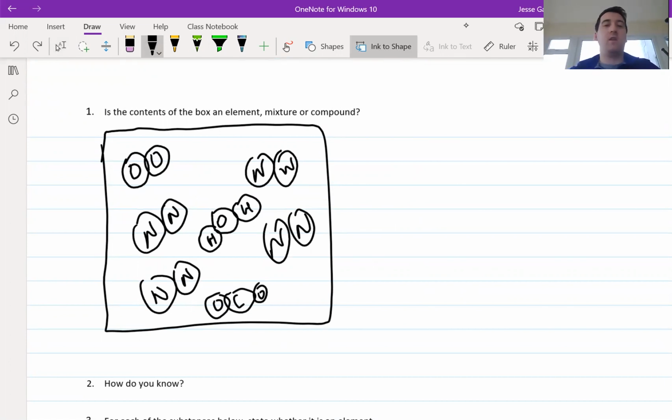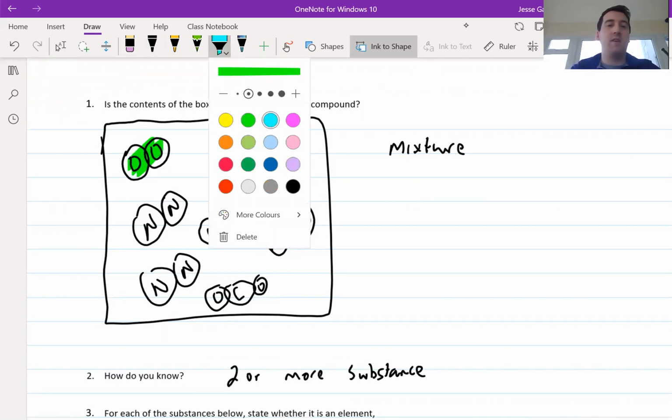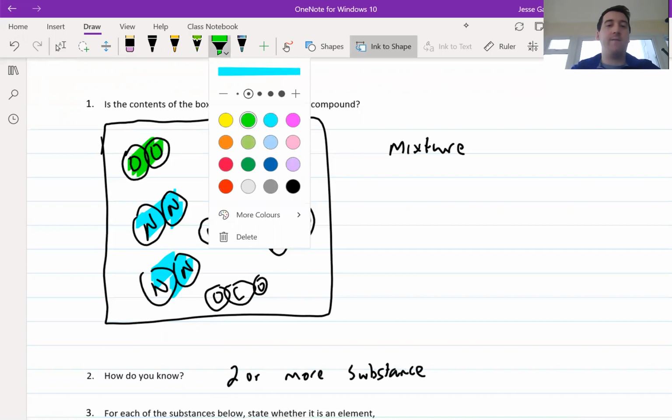Okay, so hopefully you've said that this was a mixture. How do you know? Is question 2 down here. Well, it's got 2 or more substances. So here's one substance, the oxygen. Here's another substance, the nitrogen, and there's quite a few of them.